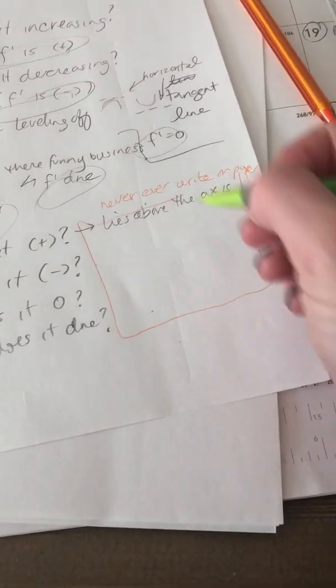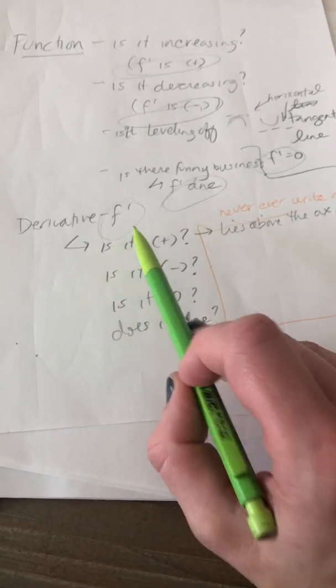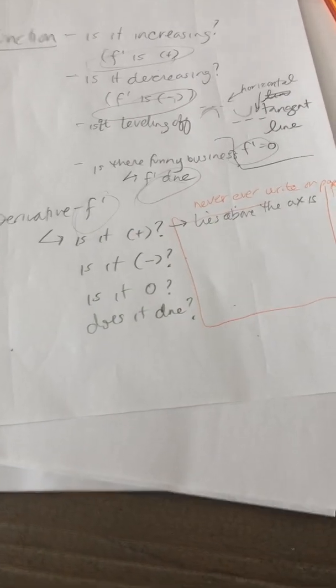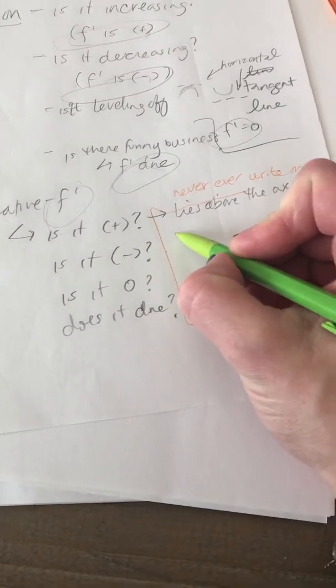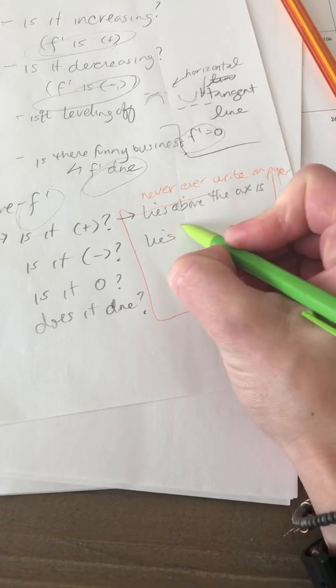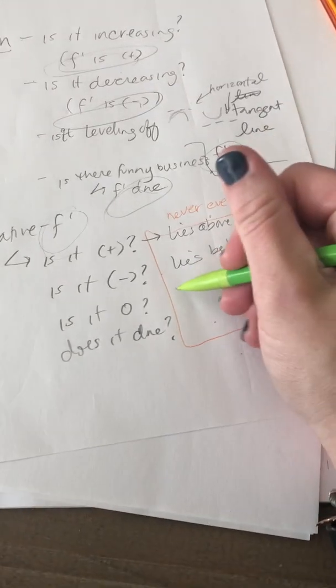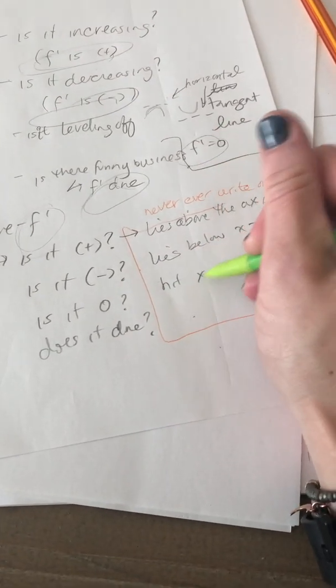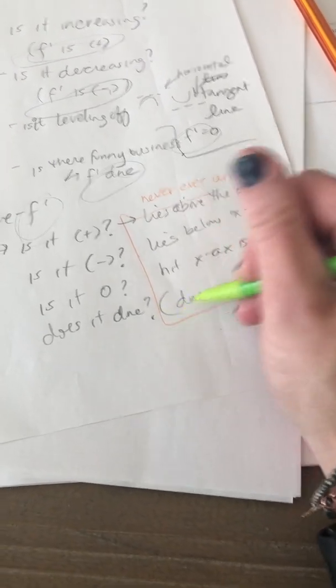These are not good justifications, but just so that we can verbally talk about it, if something has positive values, it will lie above the x-axis. If it has negative values, it will lie below the x-axis, if I'm looking at the graph of the derivative. If it has a value of 0, it will hit the x-axis. If it doesn't exist, well then it doesn't exist.